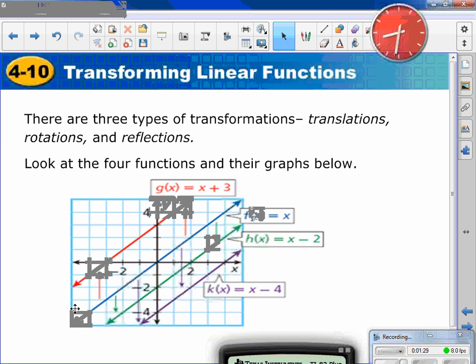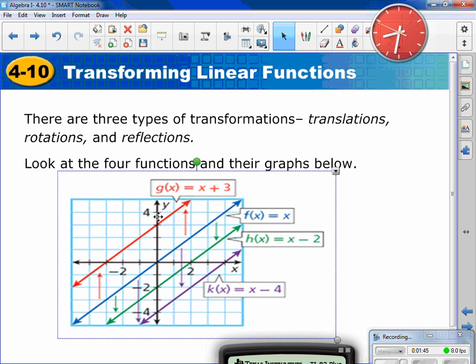The blue line, f of x equals x, is your parent function. Your slope is 1, you start at 0. So for every x, you move up 1 y. What has happened between the blue line and the red line? How far did it move up? 3.